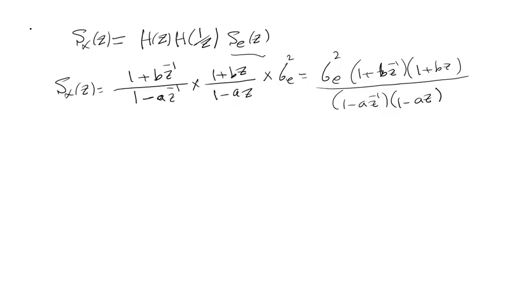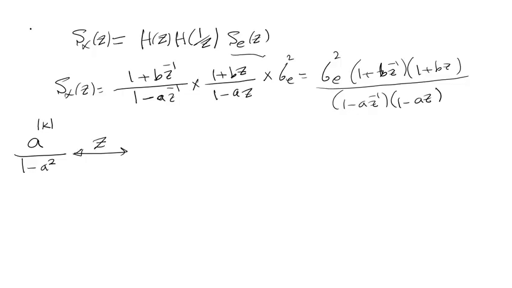Now for finding the autocorrelation function, I have to take inverse z transform from this, and I use this z transform pair: a power of absolute value k over 1 minus a squared.